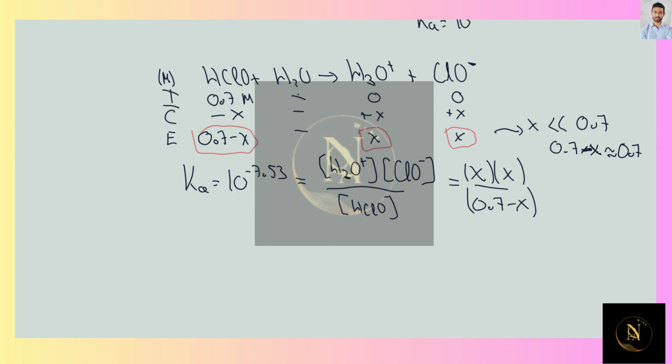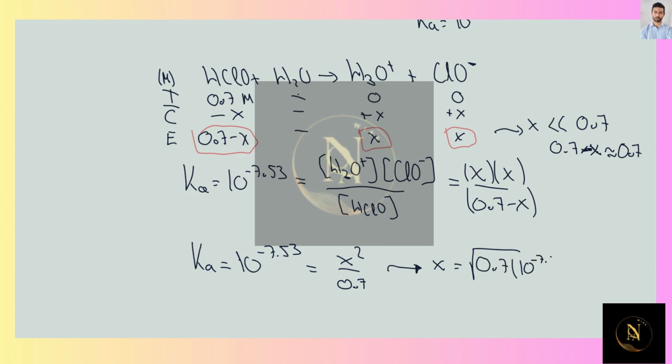Employing this approximation, Ka, which is 10 to the minus 7.53, is going to be equal to x squared divided by 0.7. We can solve for x, giving us x is equal to the square root of 0.7 times 10 to the minus 7.53.